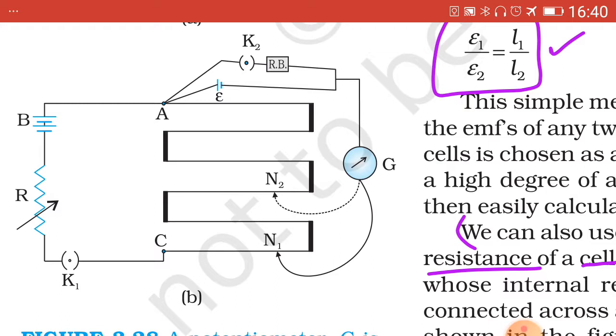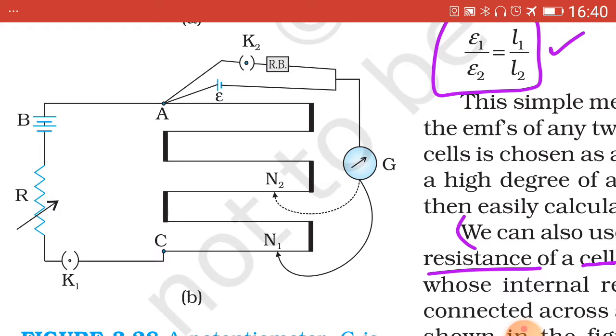Between points A and C, the connection is the same as in the previous figure, but at point A here only one cell, whose EMF is denoted by E, is connected in series with a resistance box RB, again with key K2.